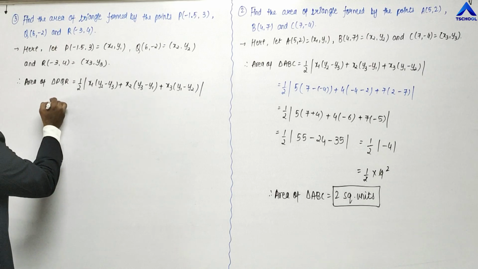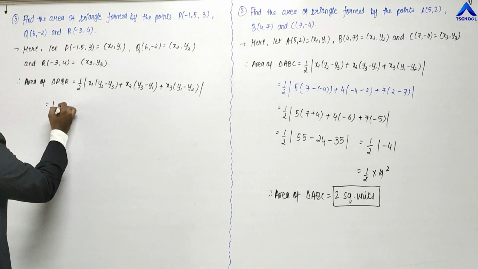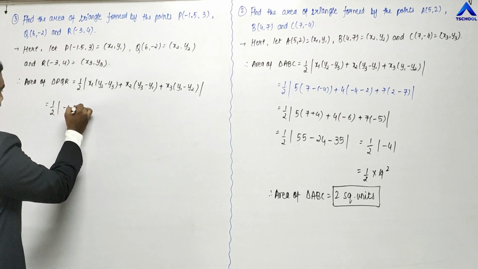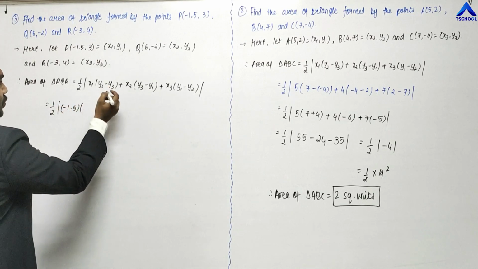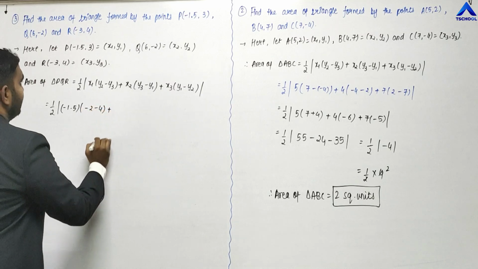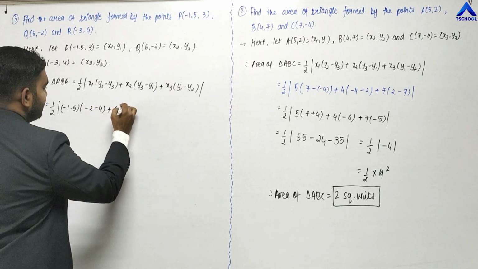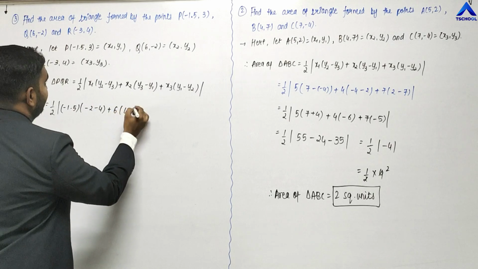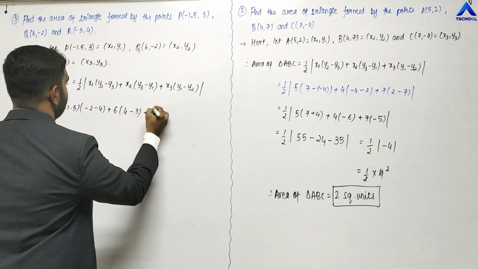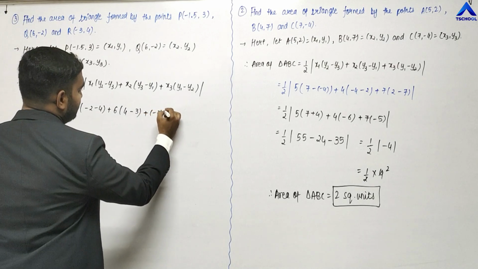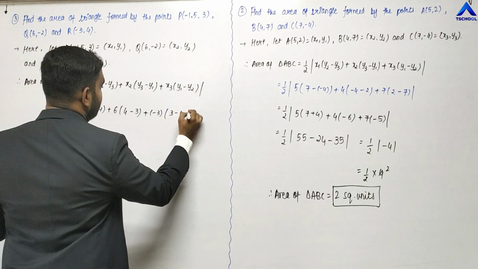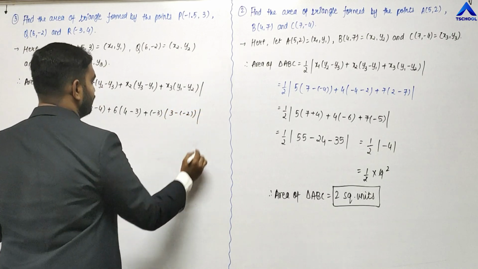Therefore, we get the values here: half modulus x1, that is minus 1.5, into y2 minus y3, that is minus 2 minus 4, plus x2, that is 6, into y3 minus y1, that is 4 minus 3, plus x3, that is minus 3, into y1 minus y2, that is 3 minus 2.